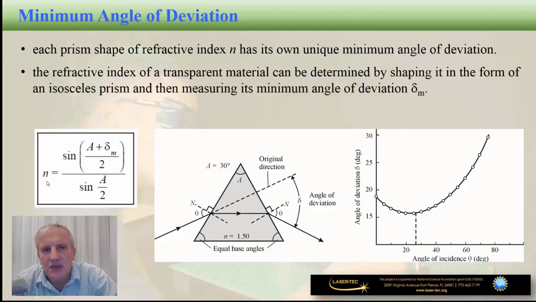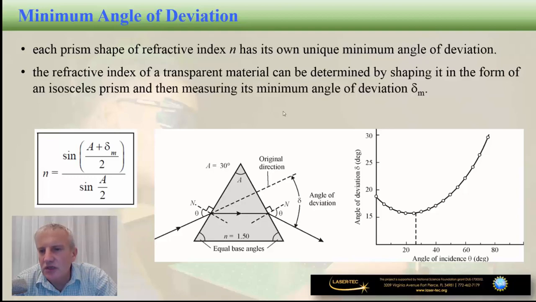So to conclude, each prism shape and refractive index has its own unique minimum angle of deviation described by the formula. The refractive index of a transparent material can be determined by shaping it in the form of an isosceles prism and then measuring its minimum angle of deviation.